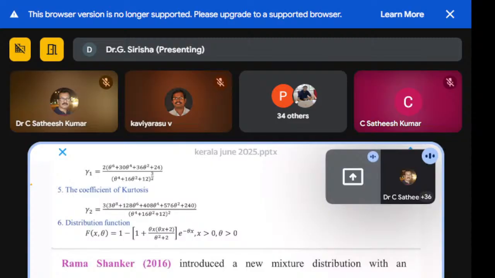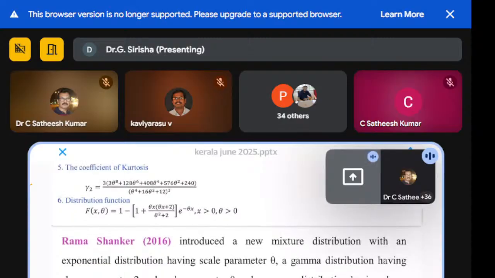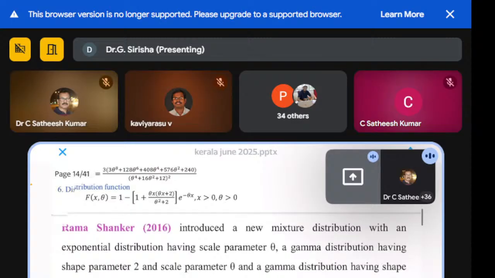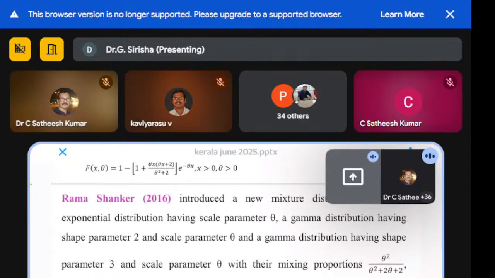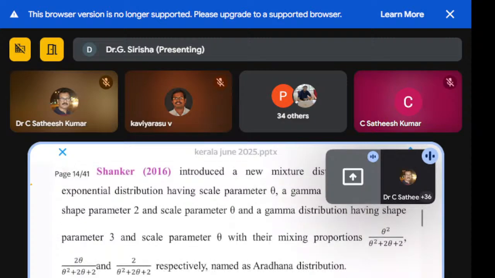One is exponential, the other two are gamma. The first gamma has shape parameter 2, the other has shape parameter 3. The mixing proportions, or fixed proportional weights, are theta square by (theta square plus 2 theta plus 2), 2 theta by (theta square plus 2 theta plus 2), and lastly 2 by (theta square plus 2 theta plus 2) respectively. This distribution is named the Aradhana distribution.